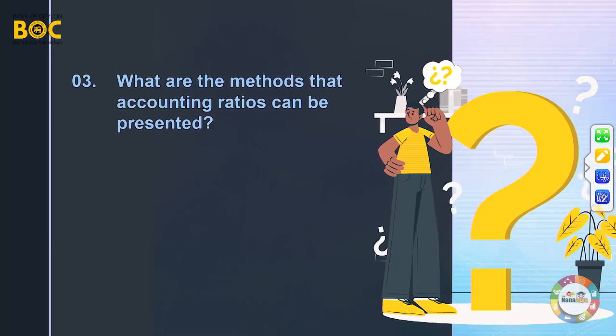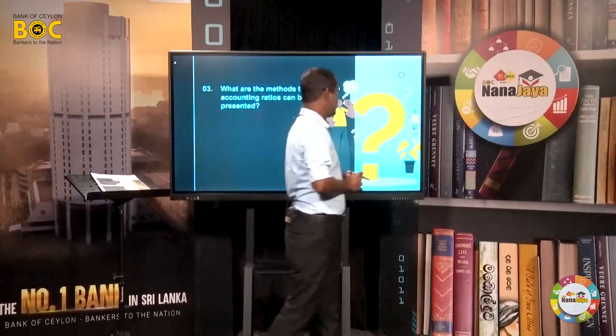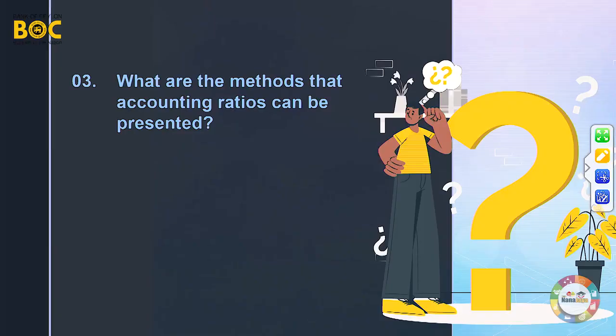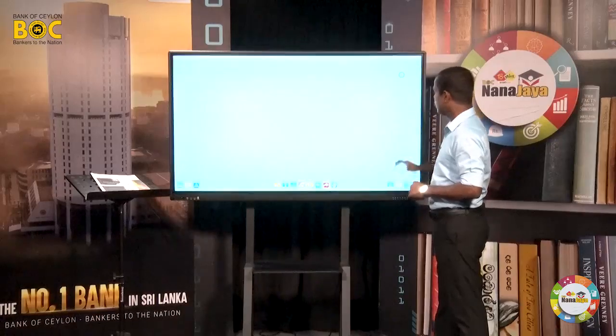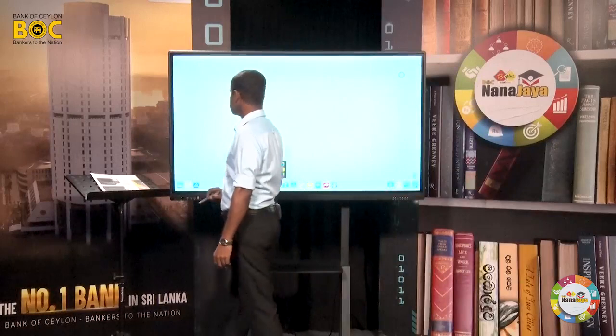So question number 3. What are the methods by which accounting ratios can be presented? To present accounting information, what are the techniques available?